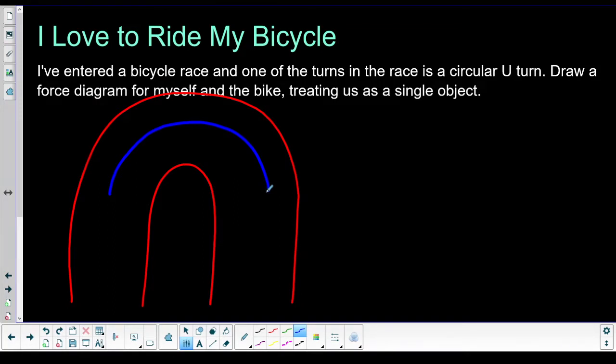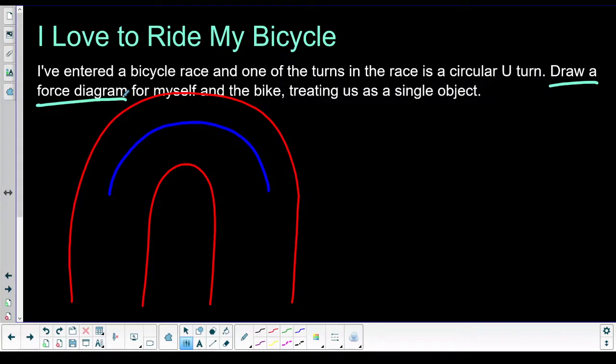You know, I'm delicate. What we want to start by doing is drawing a force diagram for myself and the bike. And I'm going to toot my own horn a little bit here. I have a really cool bicycle, and I have a set of pedals where my shoes click into these clamps and attach to the bicycle.